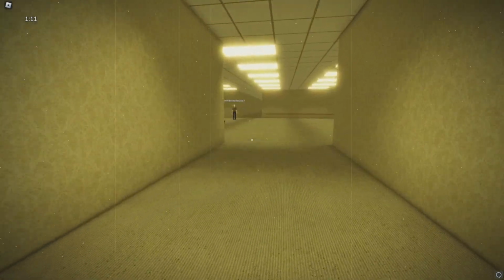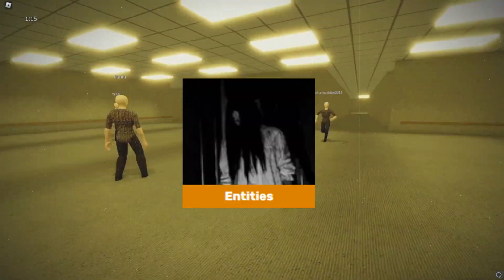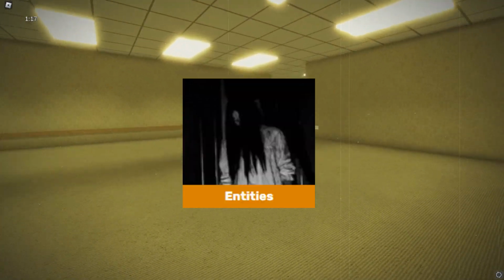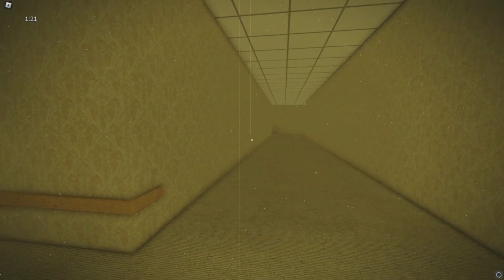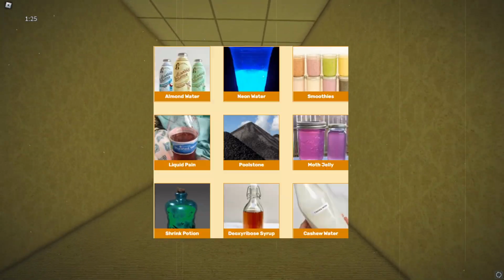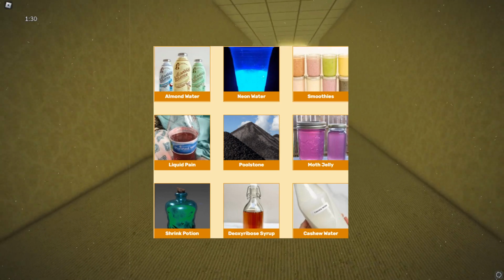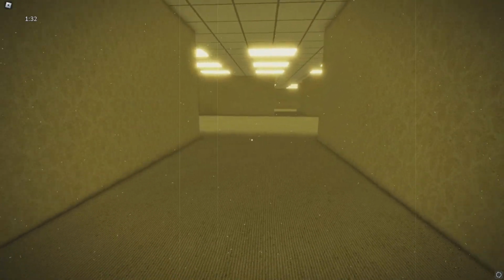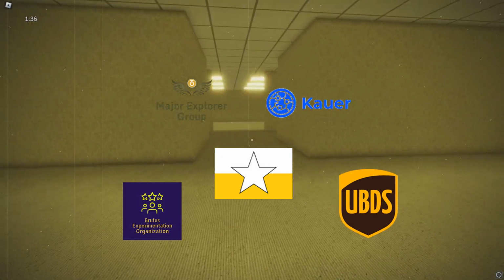Inside those levels there are different types of entities that are on certain levels and not on other levels. Inside each level you can also find unique objects, and we'll be going in depth on that in a few seconds. You can also find different groups and colonies within the backrooms.